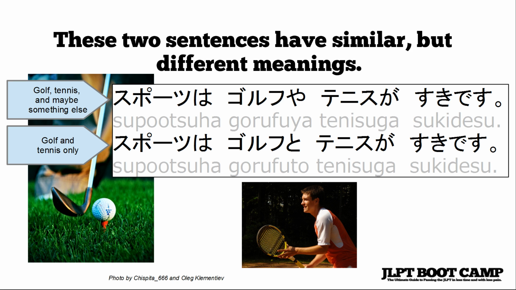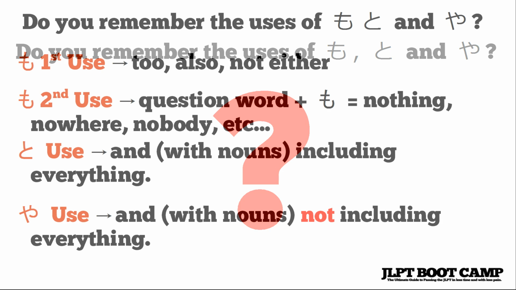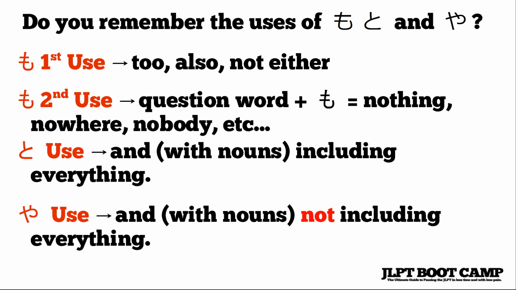All right. Do you remember the uses of mo, to, and ya? Let's list them all one more time. First use for mo: also, not either. The second use for mo at the N5 level is question word plus mo.